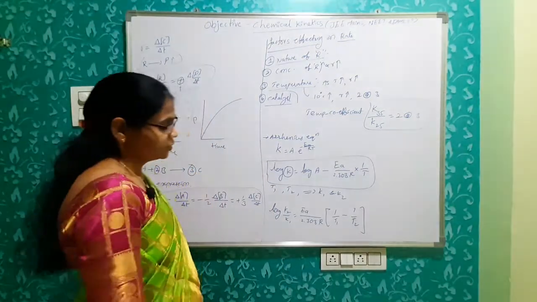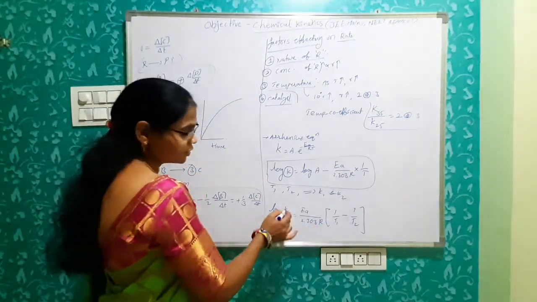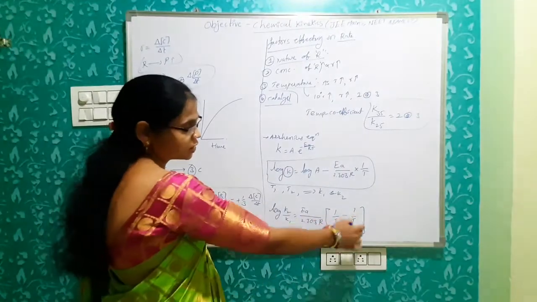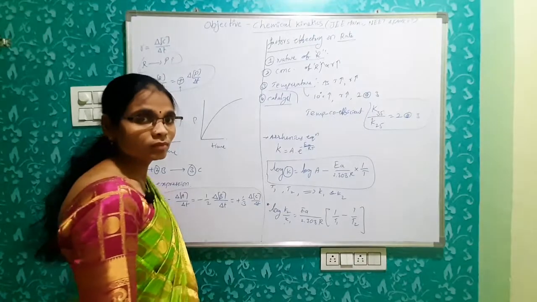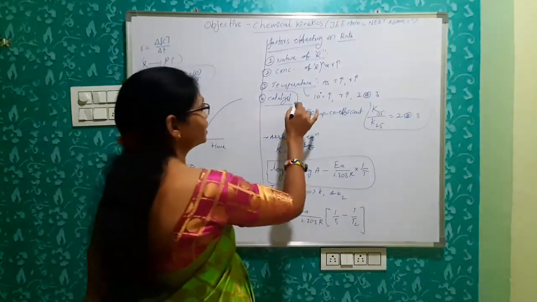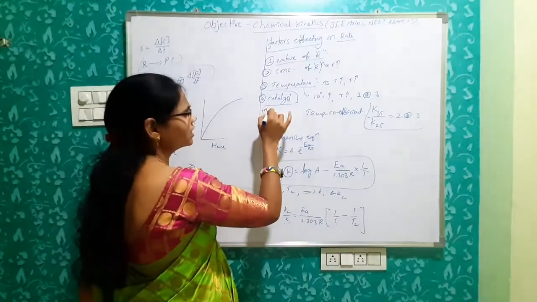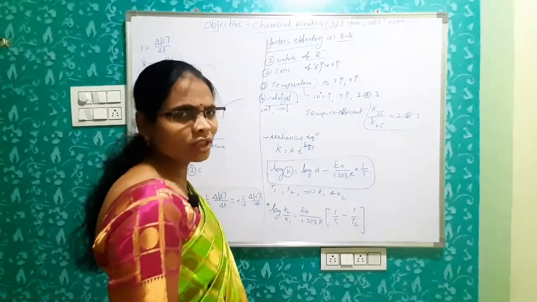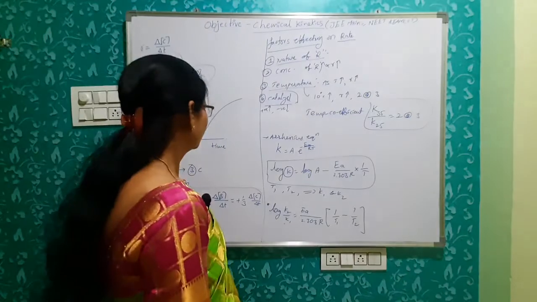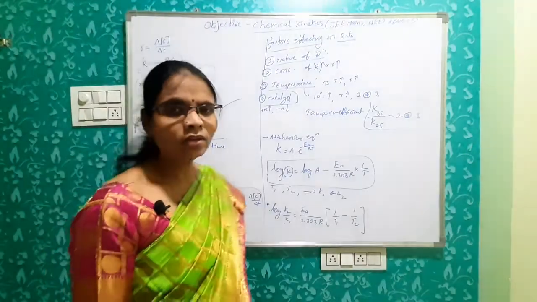Here A is the Arrhenius factor, which you can assume as a constant. So for different temperatures we get different K values, and that is the relation between them. These formulas are very important. Next, a positive catalyst can increase the rate of the reaction, and a negative catalyst can decrease the rate of the reaction. Keep all these points in your mind.